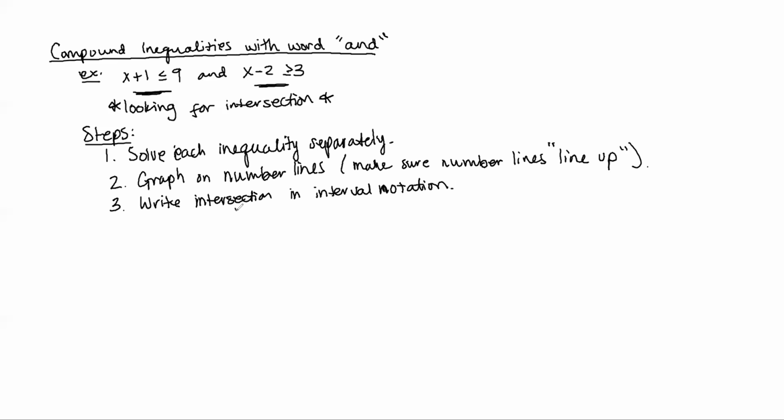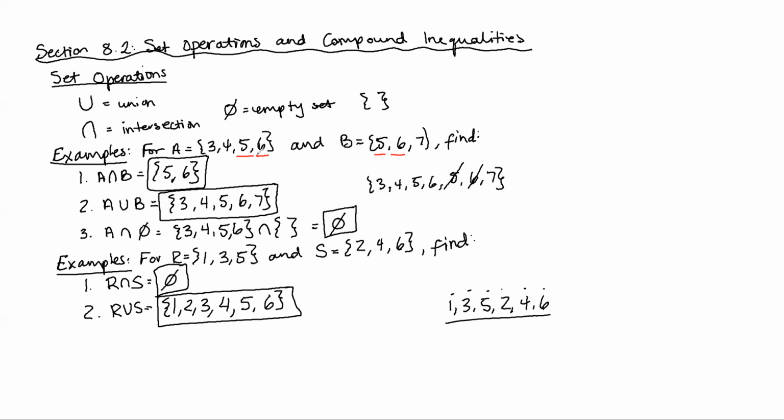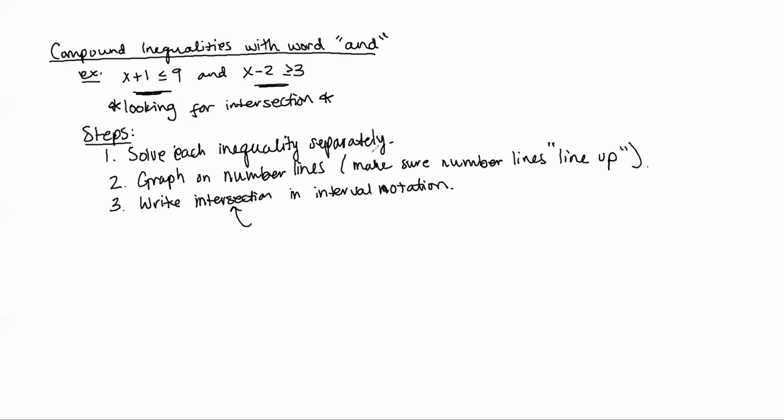Now, what I mean by intersection here, kind of like when we had our sets of numbers over here, we thought of this as the overlap between the two. We're also going to think of our intersection on the graphs as the overlap. So we're going to find the overlap, which is why it's easiest to line up the graphs so that all the tick marks on the graphs line up.